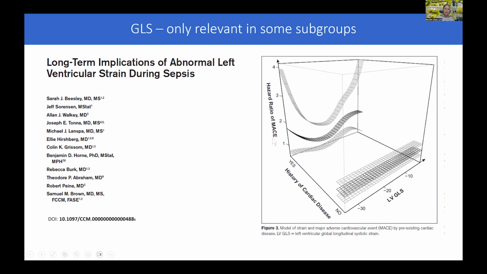So with major adverse cardiovascular events, you see again this beautiful U-shaped relationship between global longitudinal strain, GLS, and MACE. However, this relationship only existed amongst patients with a history of cardiac disease. So again, this was a very selected sample where echocardiographic parameters may be prognostically important.